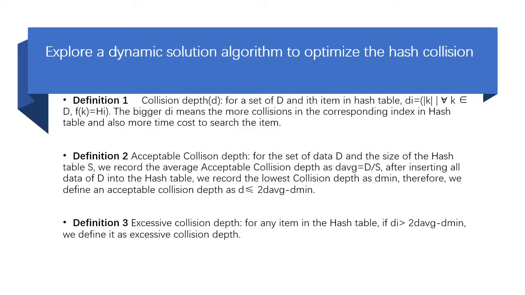Therefore, we define acceptable collision depth as Di smaller or equal to 2 times D average minus D min. Definition three is the excessive collision depth, just the opposite of the acceptable collision depth, when it's greater than 2 times D average minus D min. We define it as the excessive collision depth.